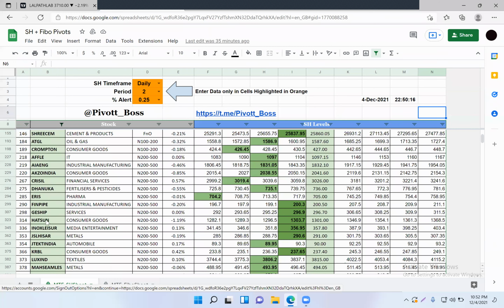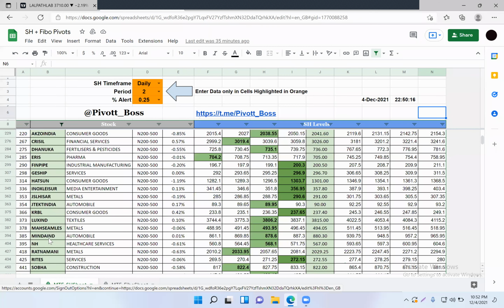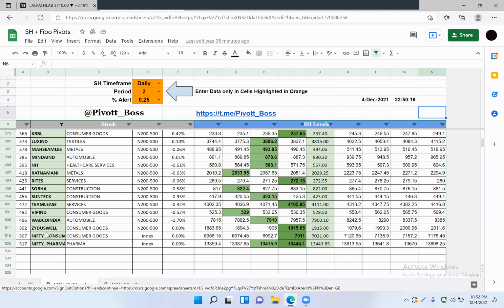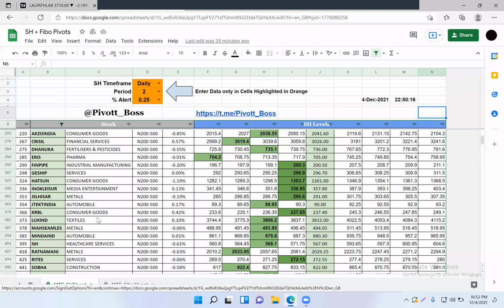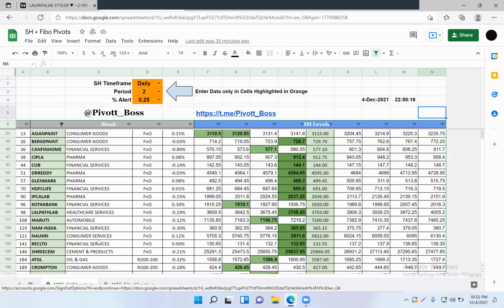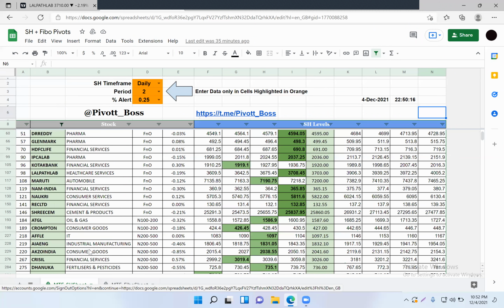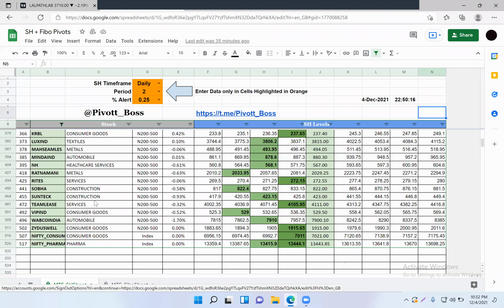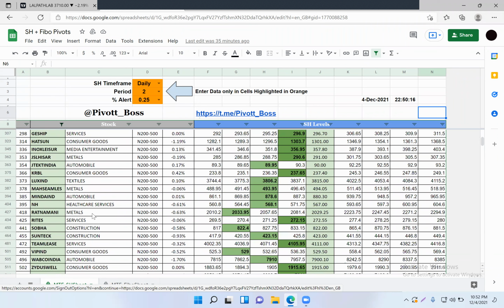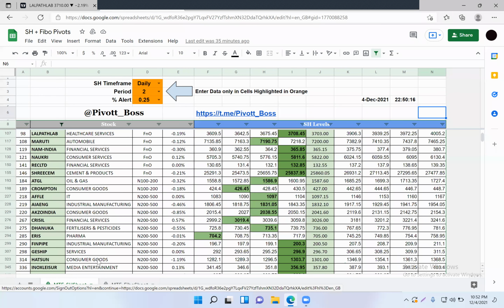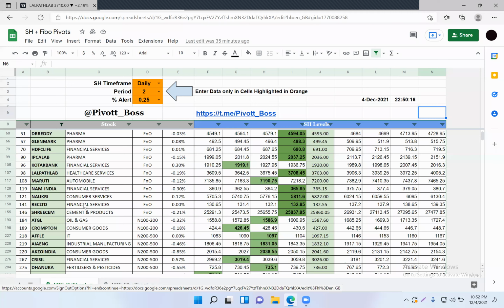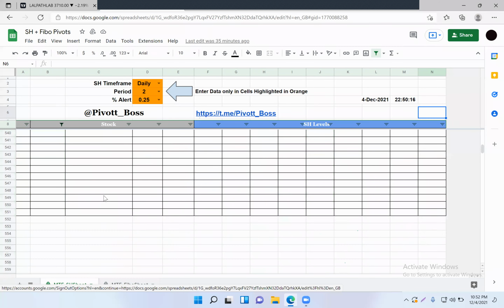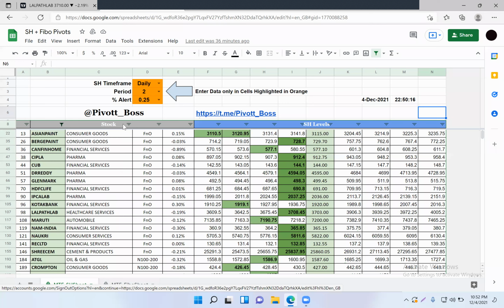Pharmas are dominating everywhere, and the second sector I can see is consumer goods. You can have a view that people are switching to defensive sectors: healthcare services, consumer goods, pharmas, financial services. These are all sort of defensive sectors.